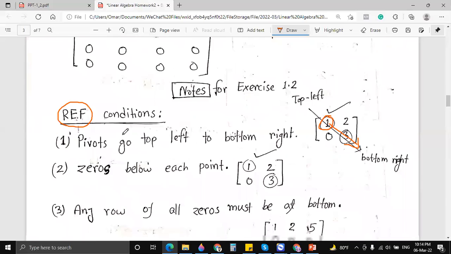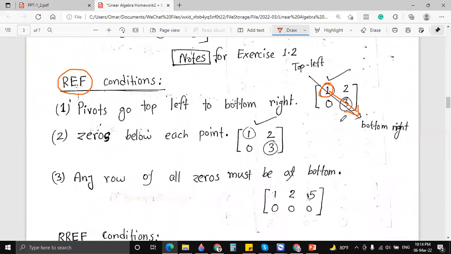The second condition is zeros below each pivot. This is our pivot point 1 here.